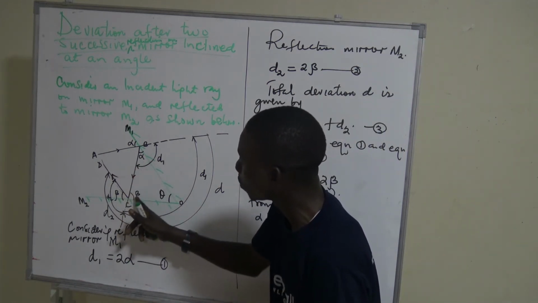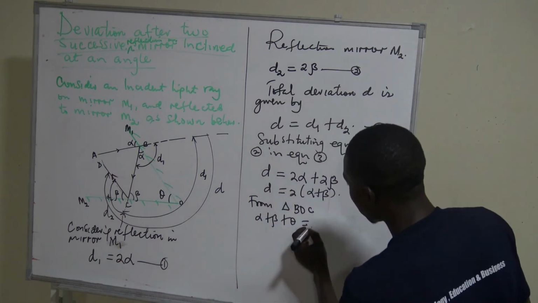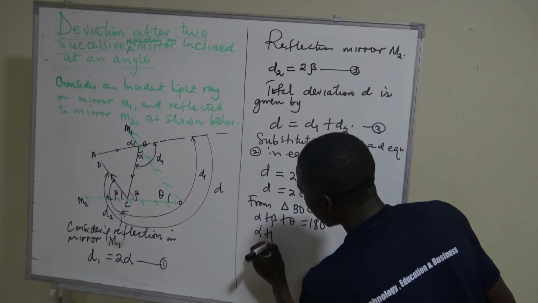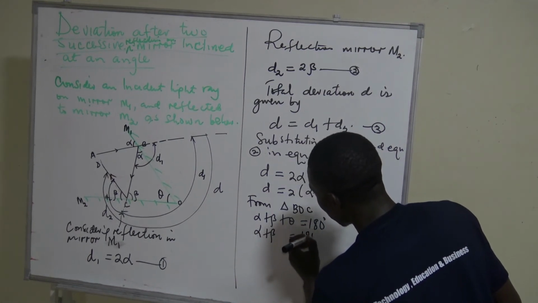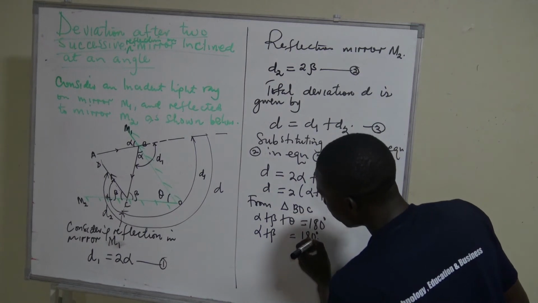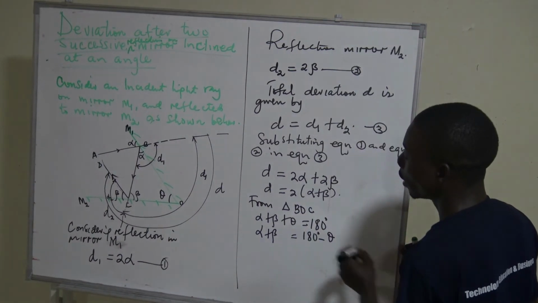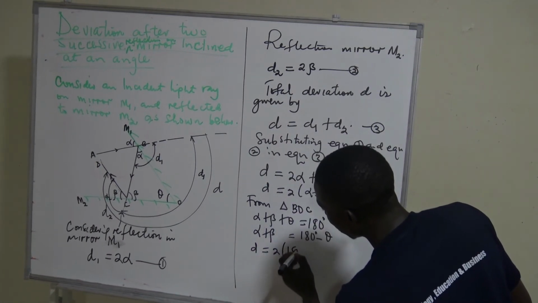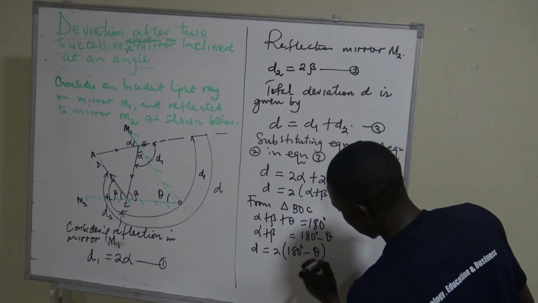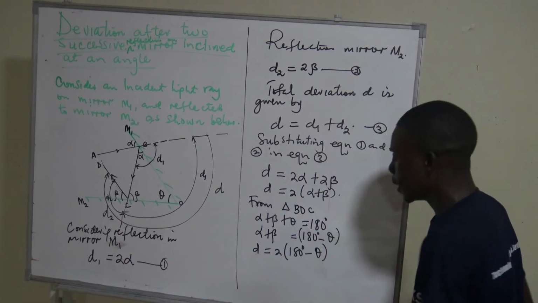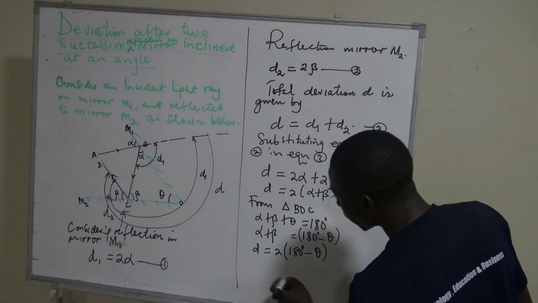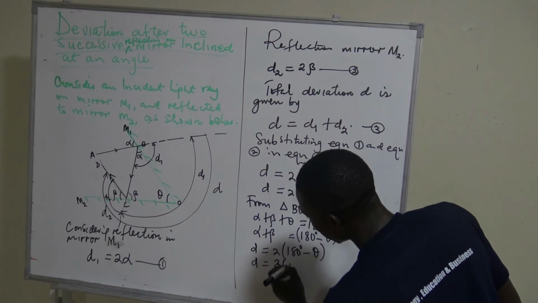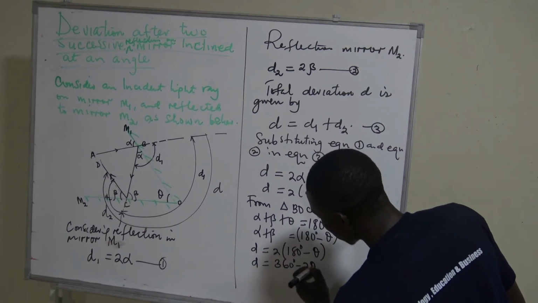That means alpha plus beta equals 180 degrees minus theta. Bringing that back here, we can say D equals twice into 180 degrees minus theta. So after looking at that, I can now reopen this and say D equals 360 degrees minus twice theta.